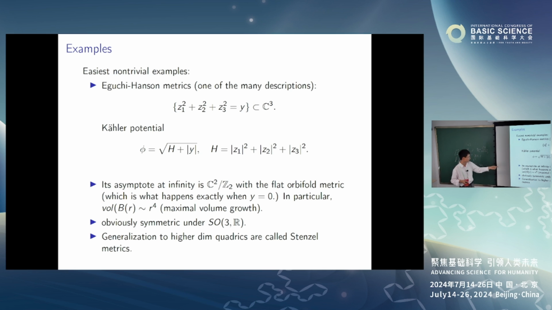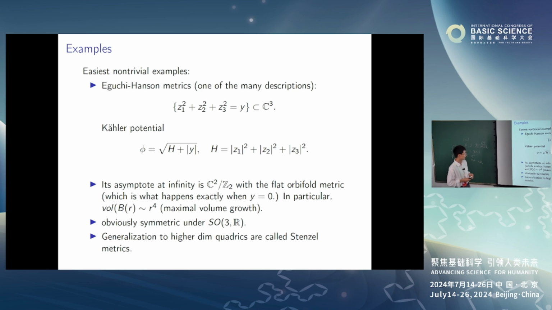So this is the maximal order of growth that you can possibly have. This metric also has some obvious symmetries, so it's clearly symmetric under SO3, and it has some generalizations to higher dimensional quadrics. These ones are known as Stenzel metrics.